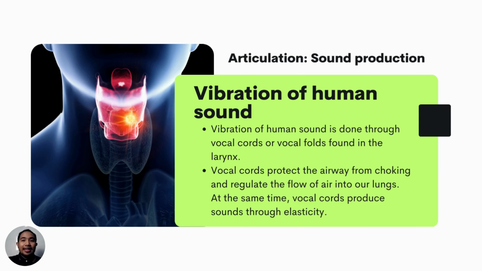The next one is sound production, which is articulation, or we look at the articulatory system. So, vibration of human sound is done through vocal cords or vocal folds found in the larynx, or commonly called the voice box.